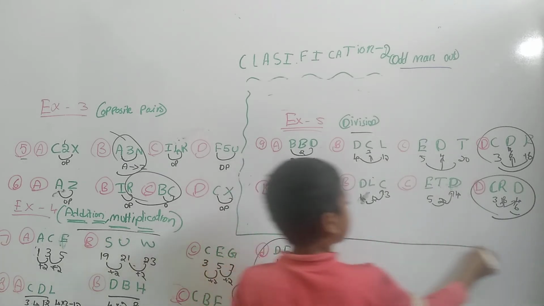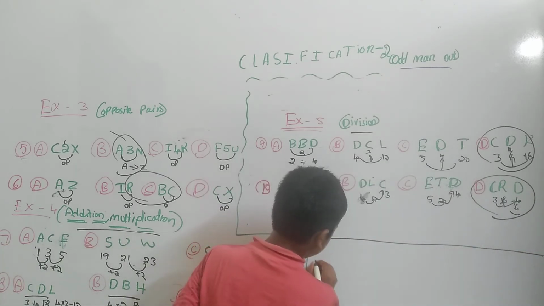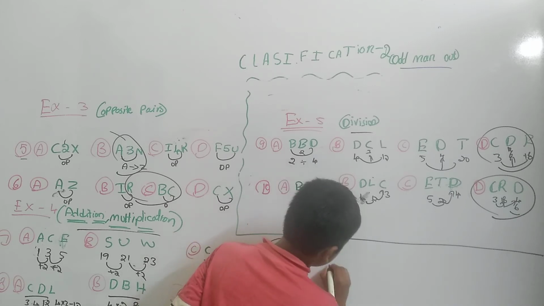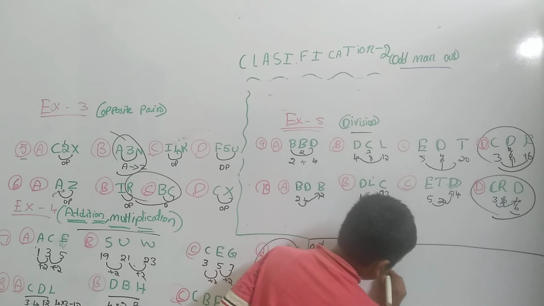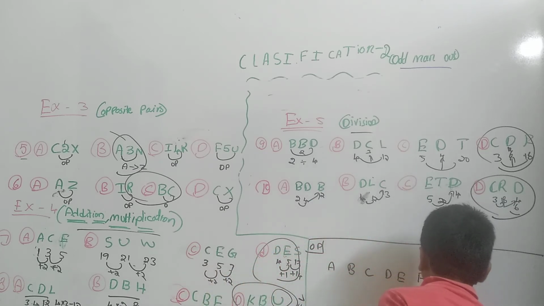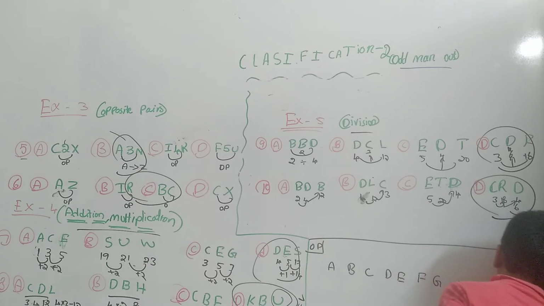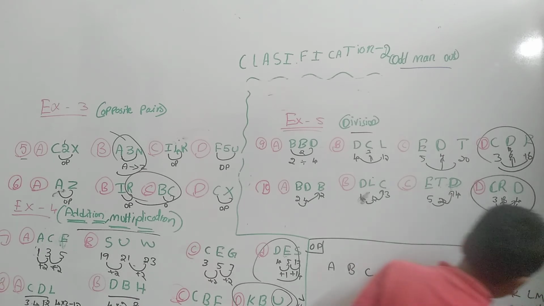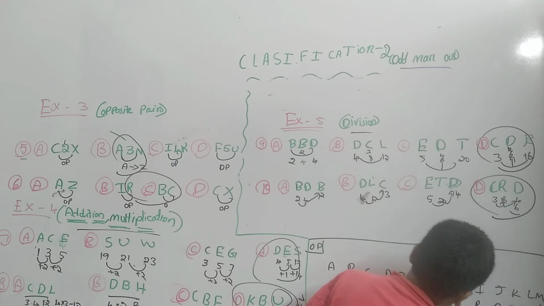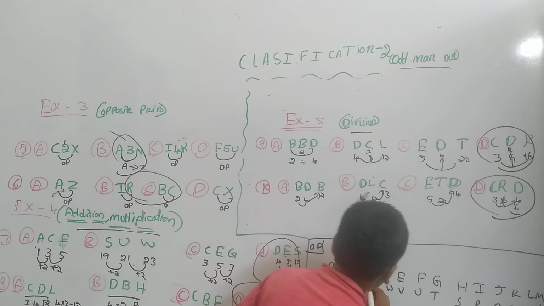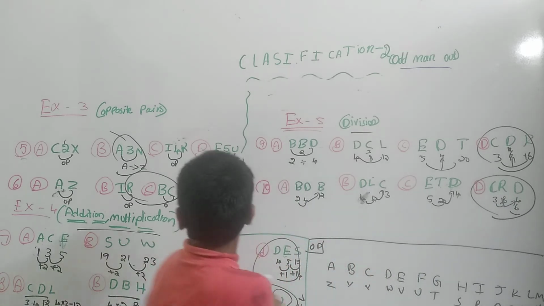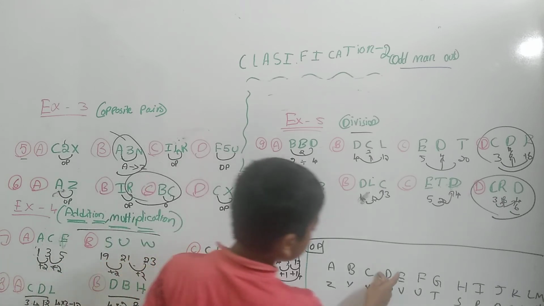Now we will discuss shortcuts and opposite pairs. OP, opposite pairs. We will write this. A, B, C, D, this is like M, and here M, N, O, P, Q, R, S, T, U, V, W, X, Y, Z. See friends, in this question, for example CX.